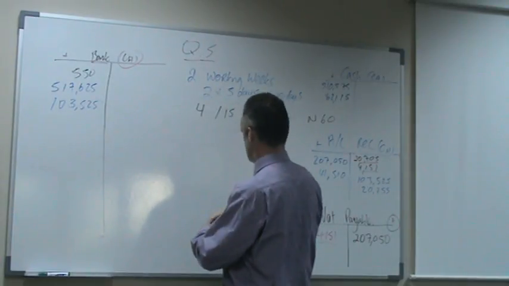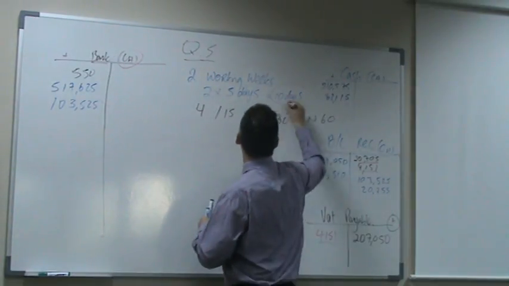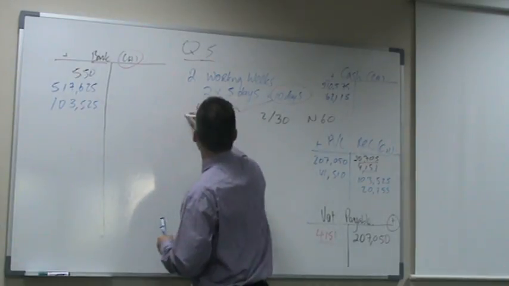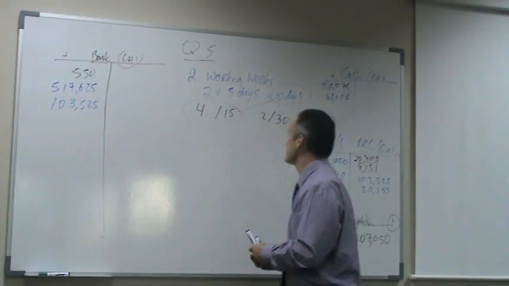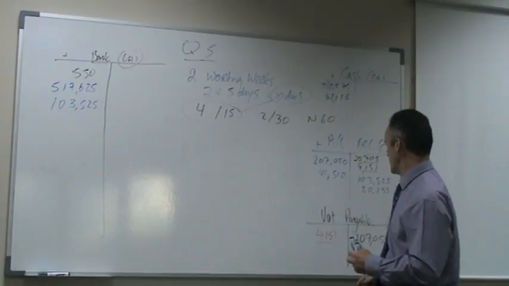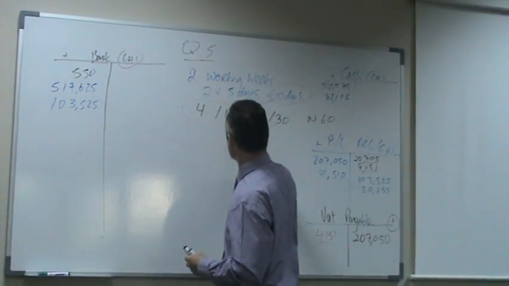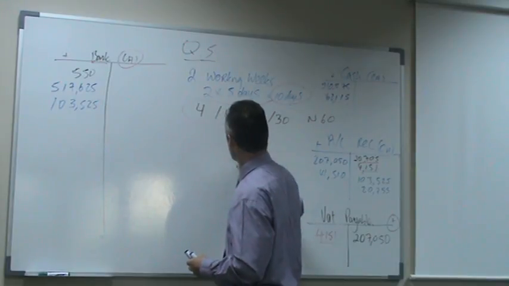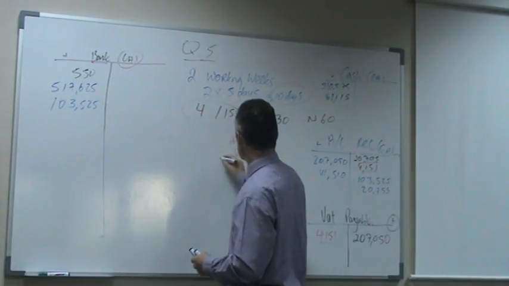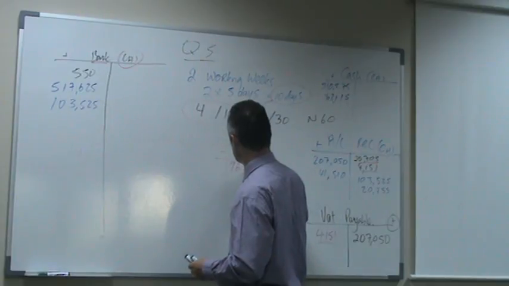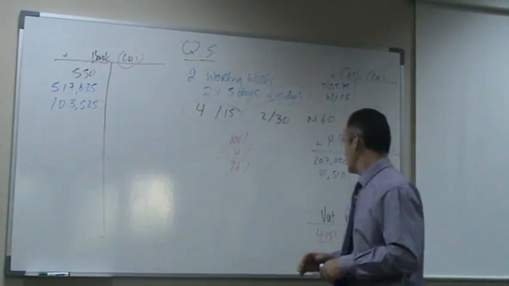So that means if it was paid within 10 days, it qualifies for a 4% discount, and that's what we need to apply. So if this is our sale, 100% of the amount, and we're giving a 4% discount, that obviously means we're going to receive 96%.